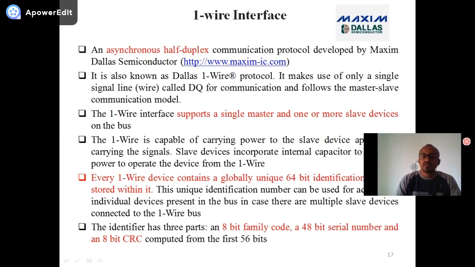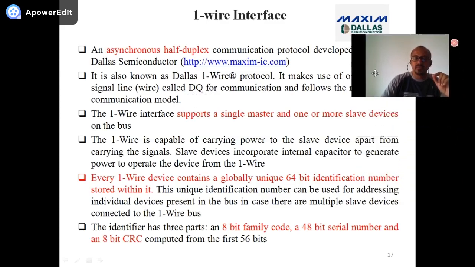The signal is carried by a single line that is called DQ, where I am pointing here. The one wire interface supports a single master and one or more slave devices on the bus.